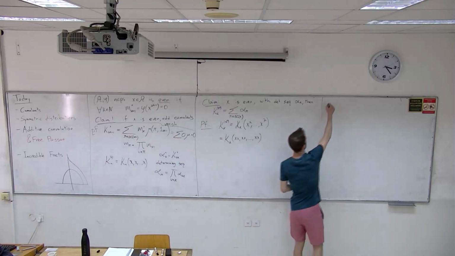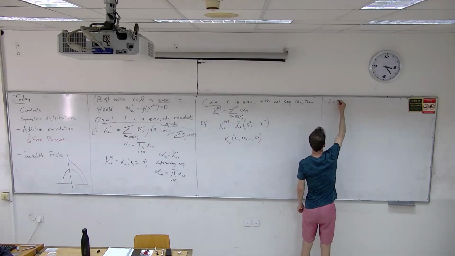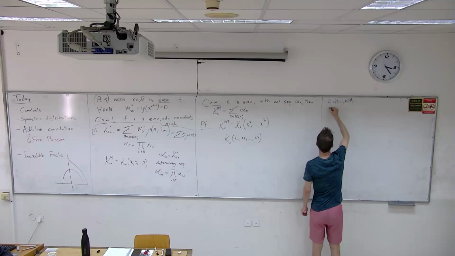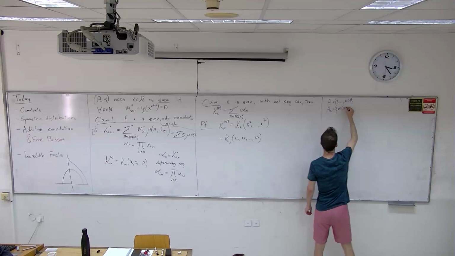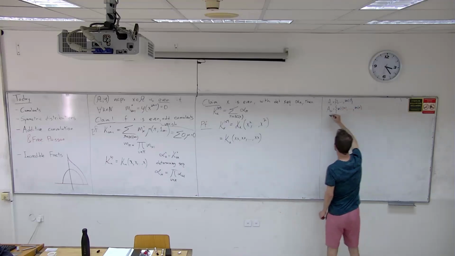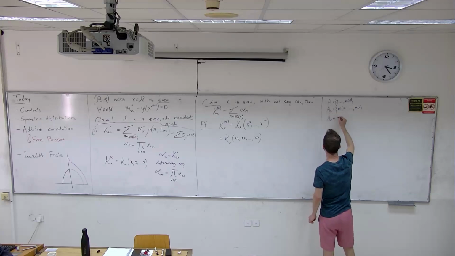If I have A1 equals 1 up to I1, A2, which equals I1 plus 1 up to I2, up to A, or what was the last index?